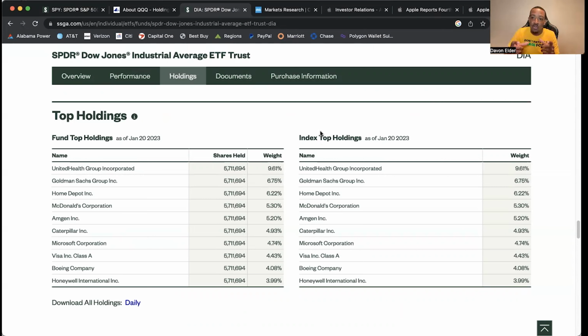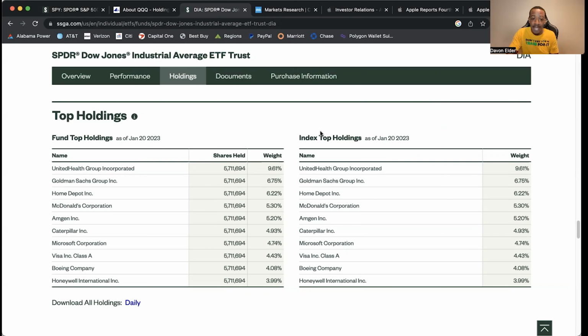In the Dow Jones, you have more sectors represented. You've got some financials, some consumer discretionary, healthcare, industrials, and technology. So you have so many more industries and sectors that you can think about in a particular ETF.